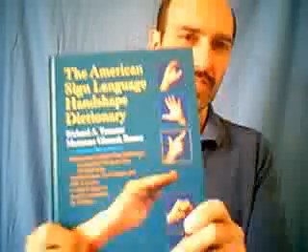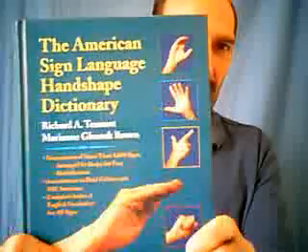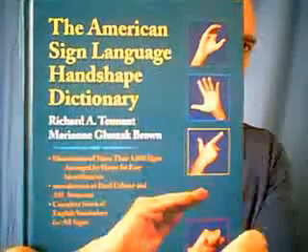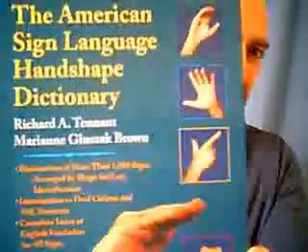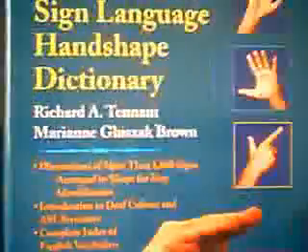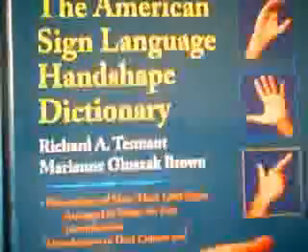signing and on practice. You just have to study a lot, get a good sign language book. I recommend this one. This one's pretty good. It's called, let me put it a little bit closer so you can read it, the American Sign Language Handshake Dictionary by Richard A. Tennant and Marianne Glusack Brown.